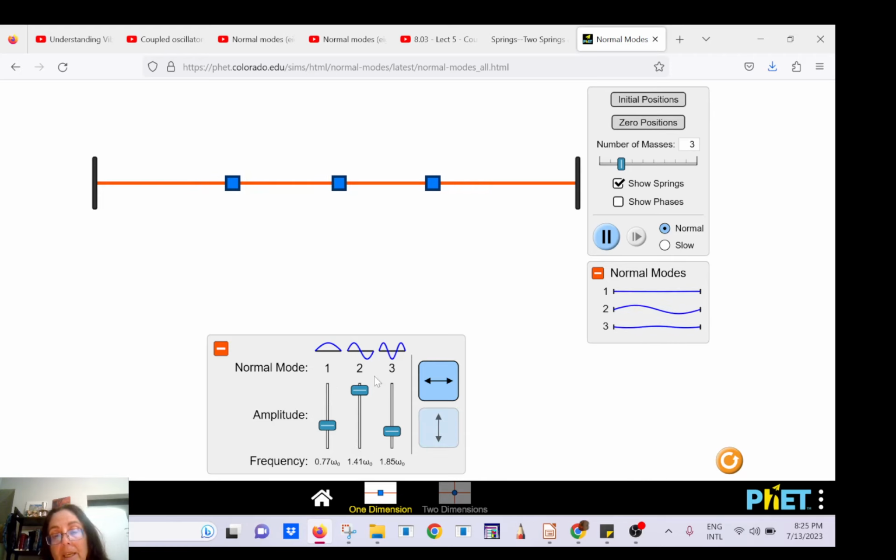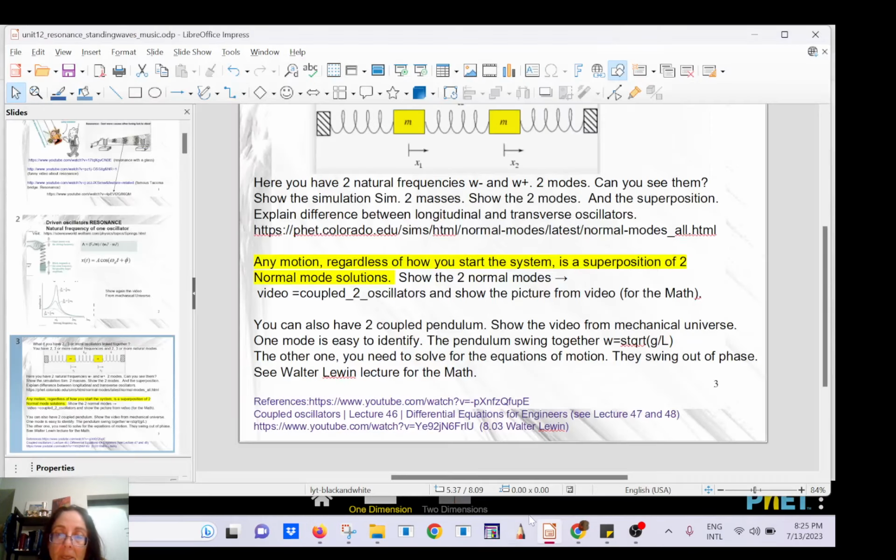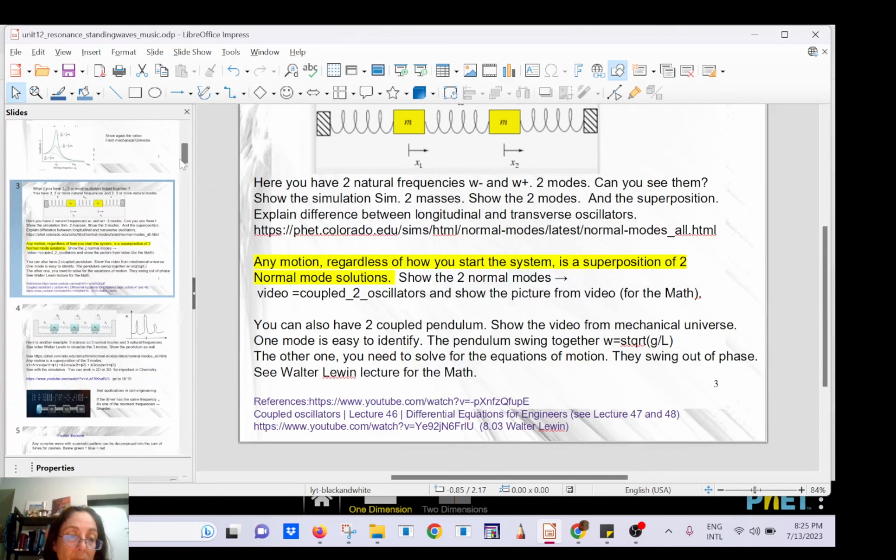It will shake with a cocktail of the 3 natural frequencies. So it looks very chaotic, but actually it's not, because if you do the math, you can describe it as being the superposition of the three modes, right?